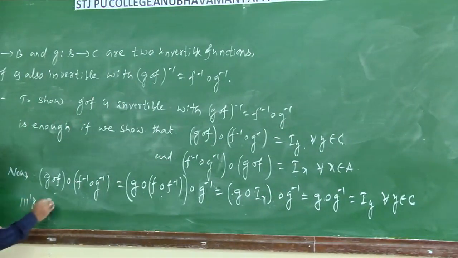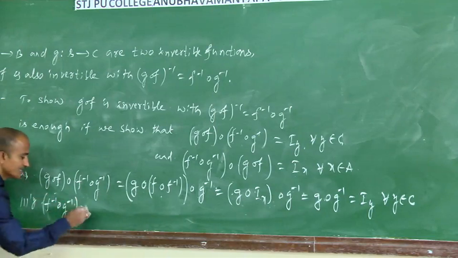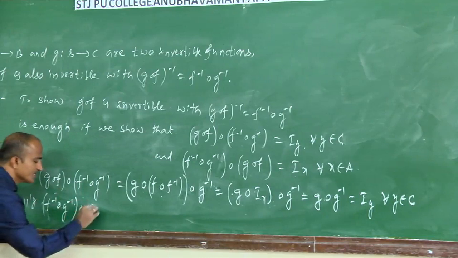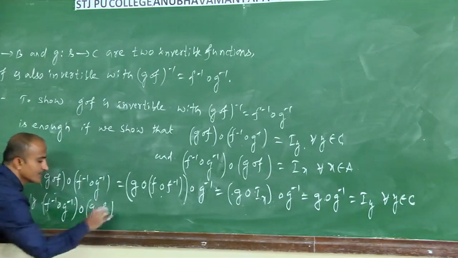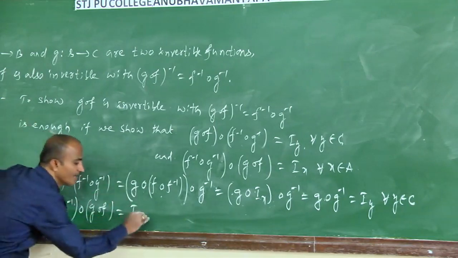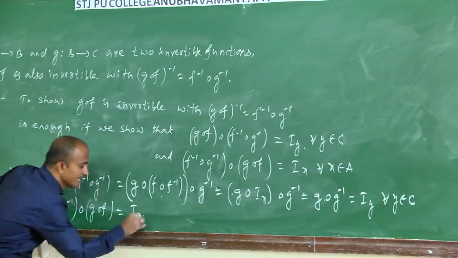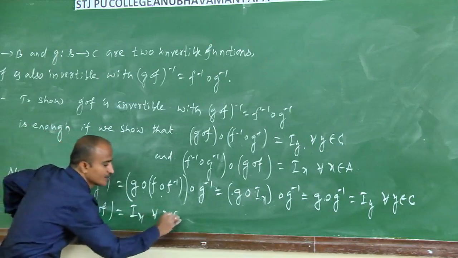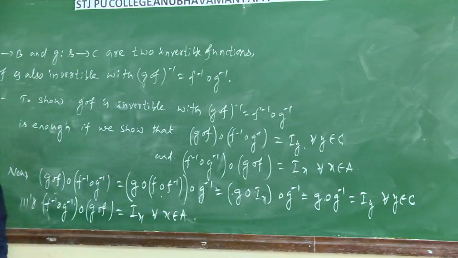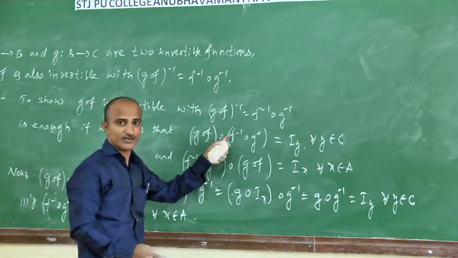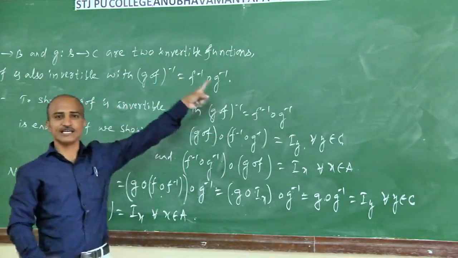Similarly, f inverse ∘ g inverse ∘ (g∘f) is I of x for all x belongs to A, and that implies what? g∘f is also invertible.